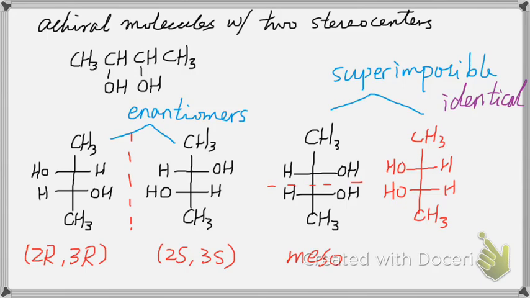Or the second molecule to the middle form? What's the relationship? They have one chiral center the same, the other chiral center the opposite. Right? So, diastereomers. The middle form is a diastereomer to the pair of enantiomers.